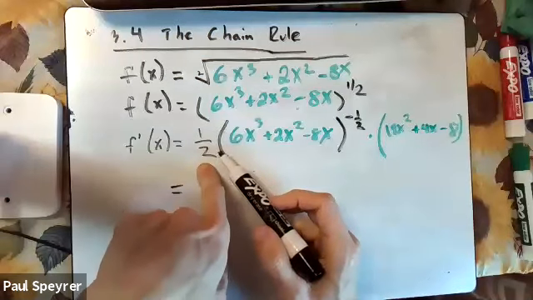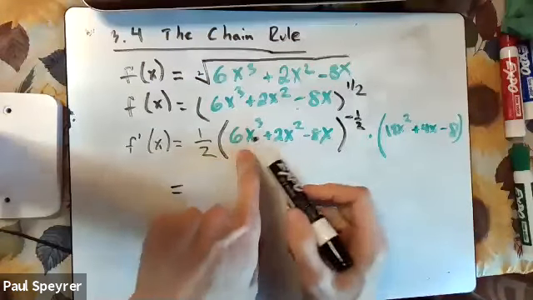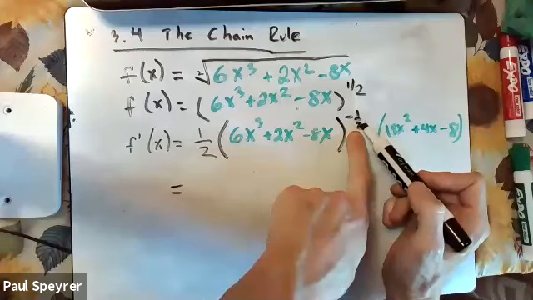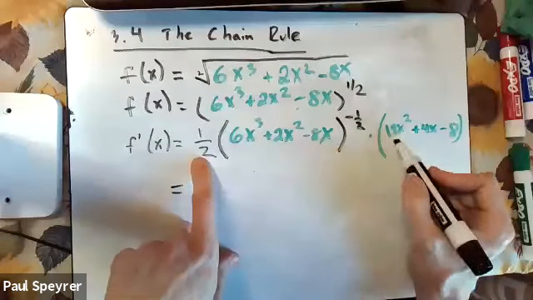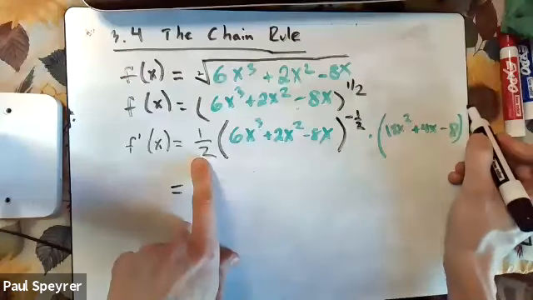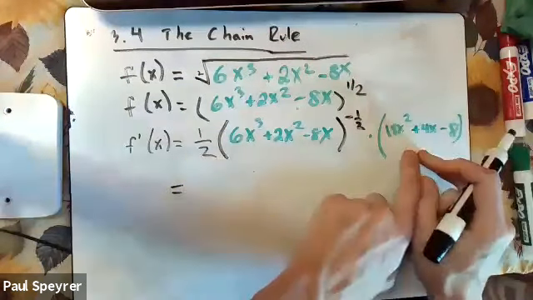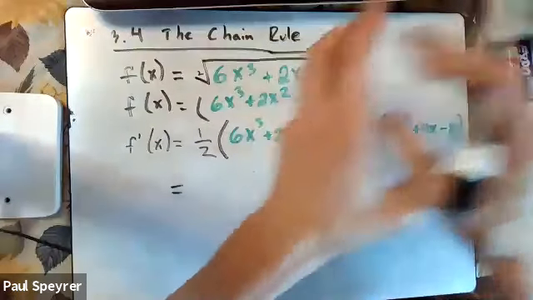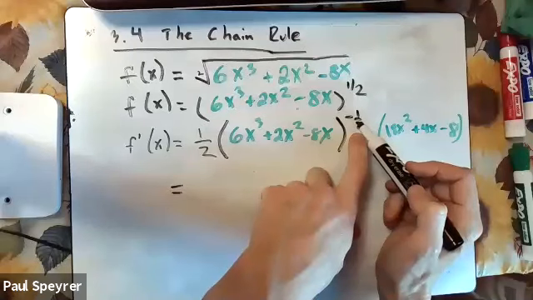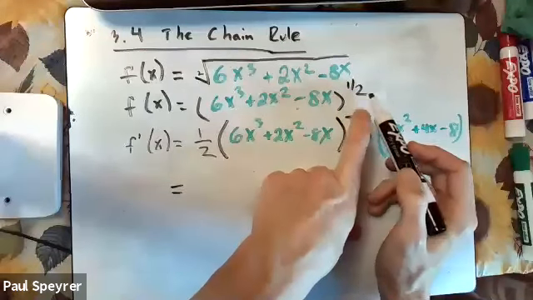Why? Because of this 1/2, right? We can't multiply it into this expression because it's raised to the negative 1/2 power. But we can multiply it into this right here, because it's to the first. If you notice, whenever we do the chain rule, when we multiply the inner stuff, we're not keeping the exponent that it was initially associated with, okay?